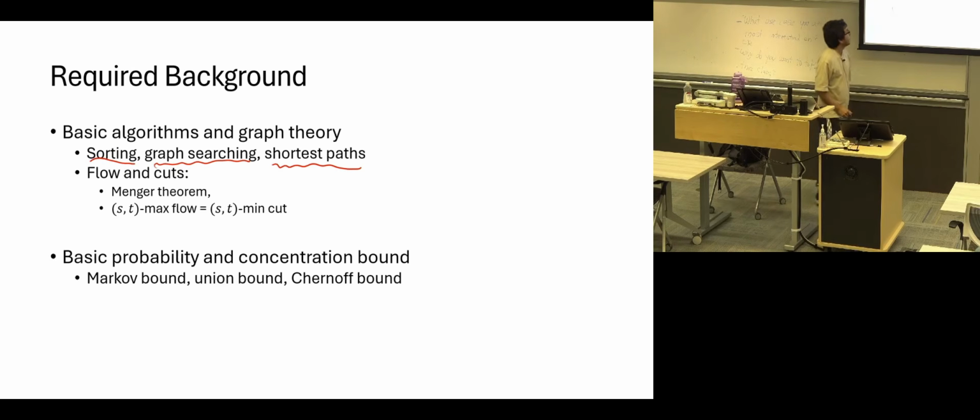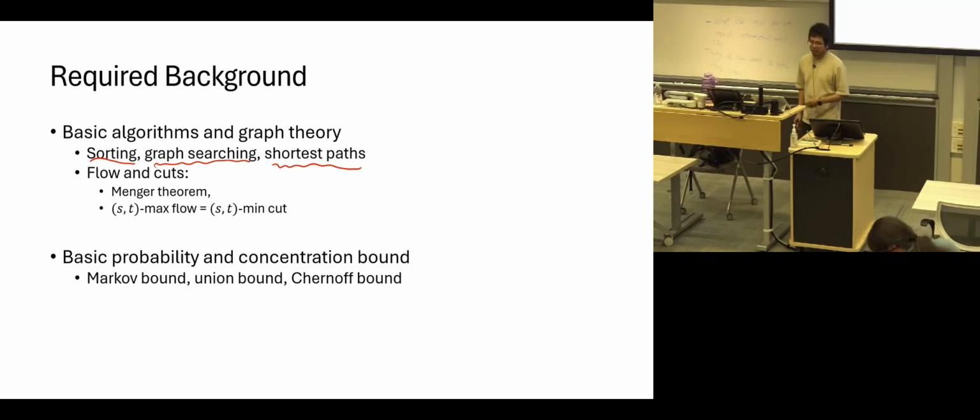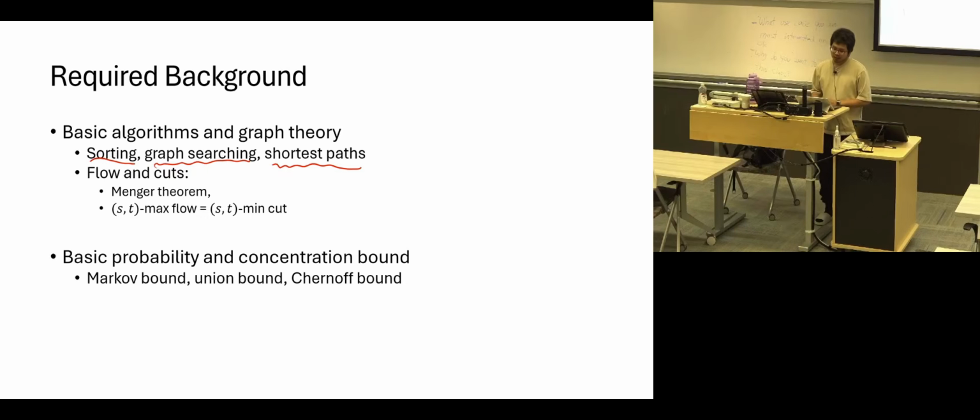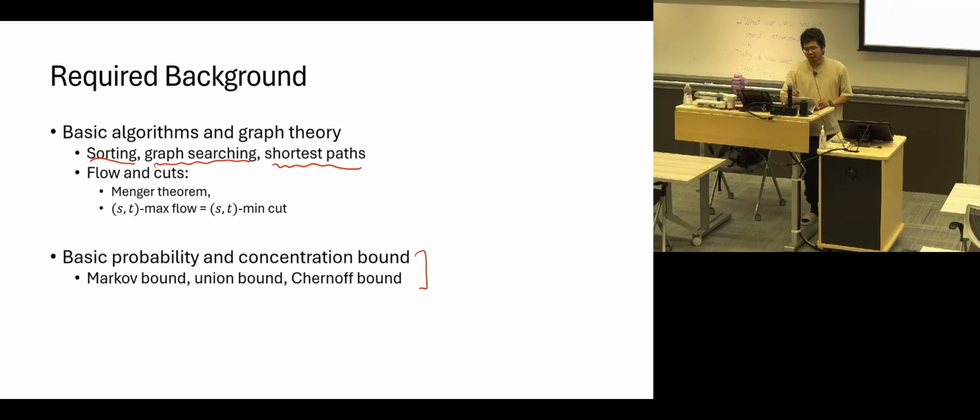Also, basic probability, some concentration bounds like the Markov bound, union bound, Chernoff bound. Maybe you don't need to look this up right now, but whenever we start using randomized algorithms, these are the tools that we just use naturally.